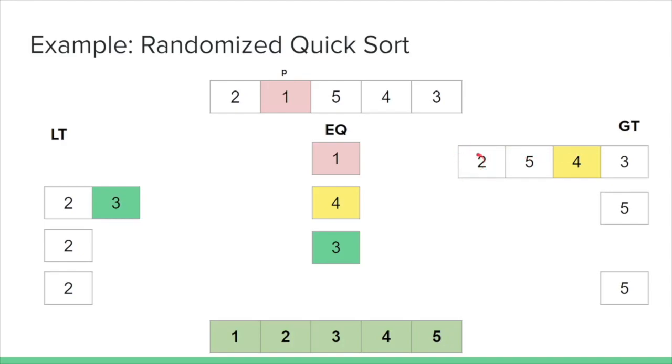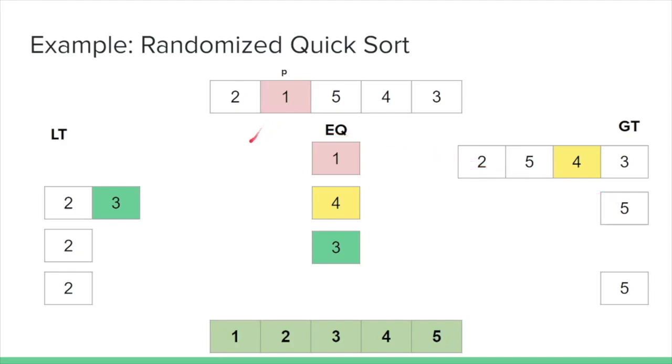So 2 compared to 4, it will be stored into the less than list, which is shown here. And 5 will be greater than, will be stored here, and 4 will be in the equals list, and 3 in the less than list. So there will be 3 different lists now. So 2, 3 for less than, equal to 4, and greater than 5.